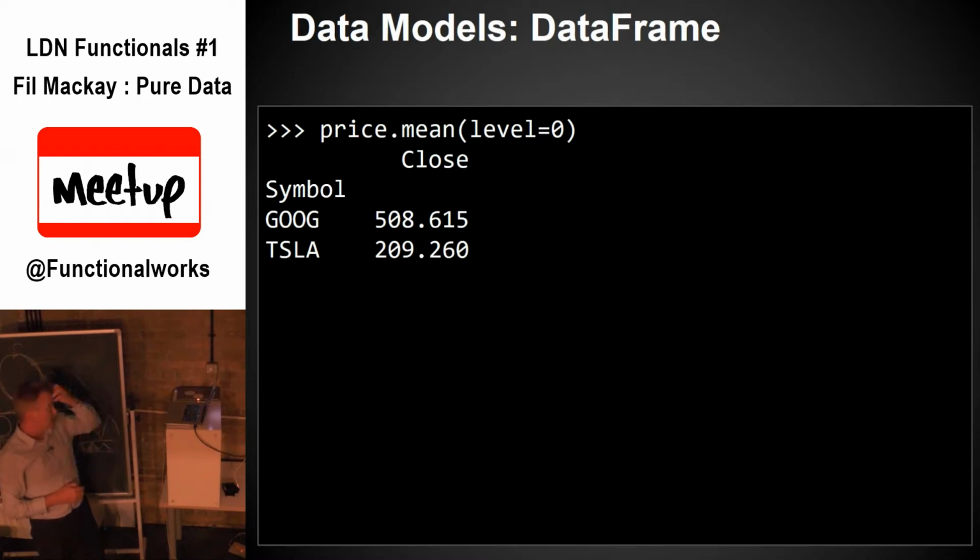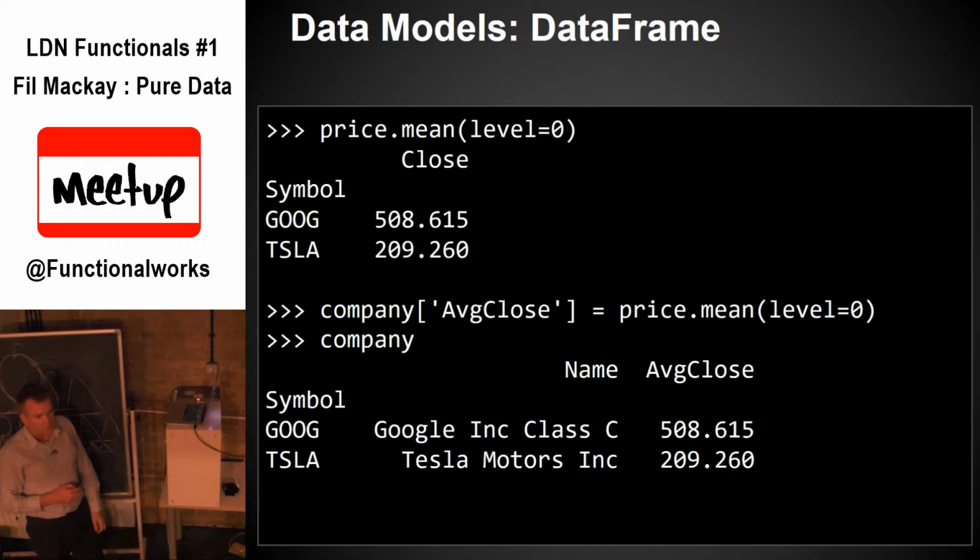Now, we can do things like, say, price.mean at level 0 and collapse a little bit of the dimensionality and create some aggregates. That's quite easy, and it's really nice how it converts it into a form that we can look at and understand.